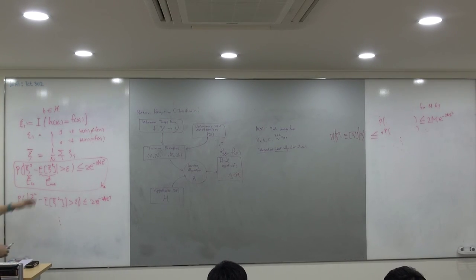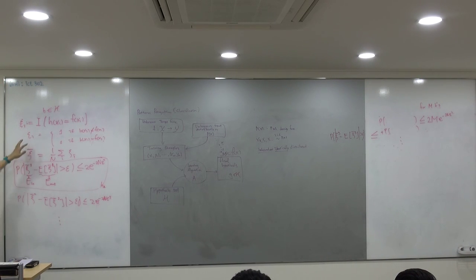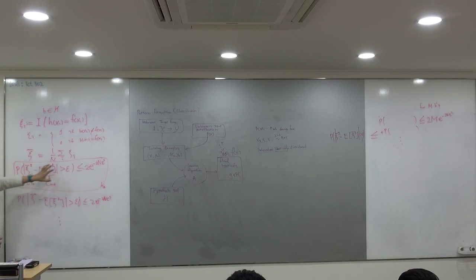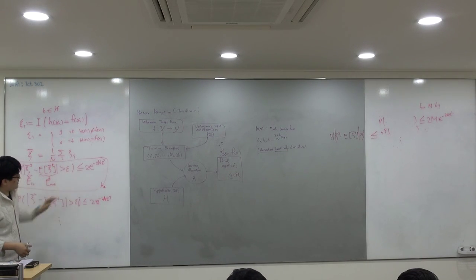So you can use Hoeffding's inequality for this random variable. Psi_i is defined for a specific h. It's an arbitrary h, so you can write down this inequality for h.